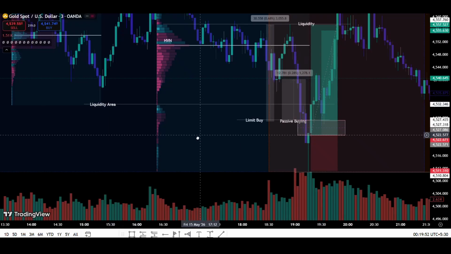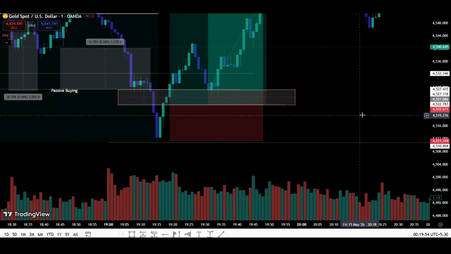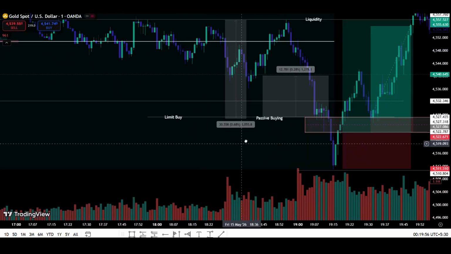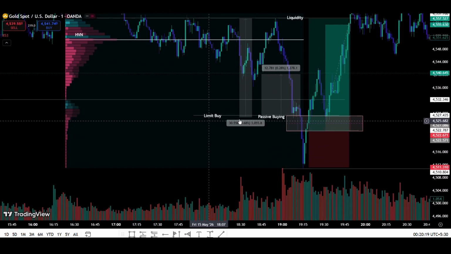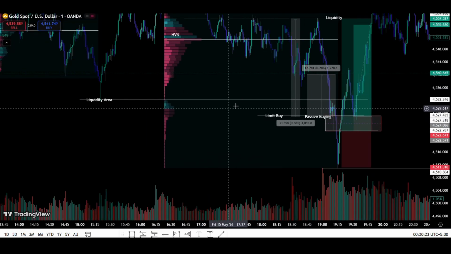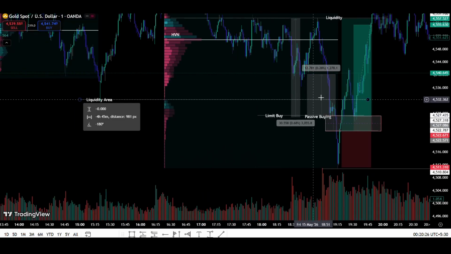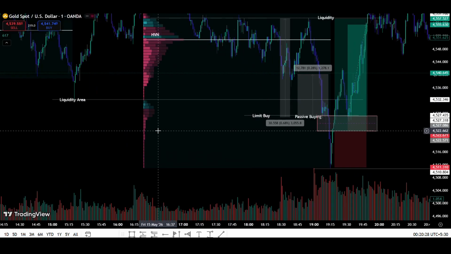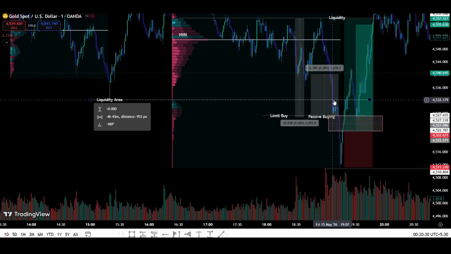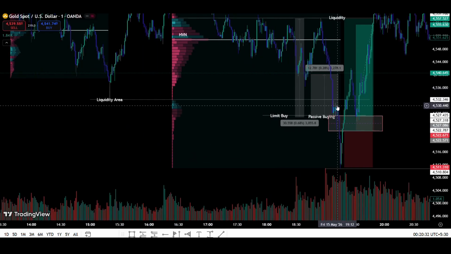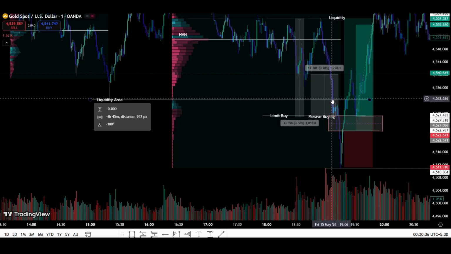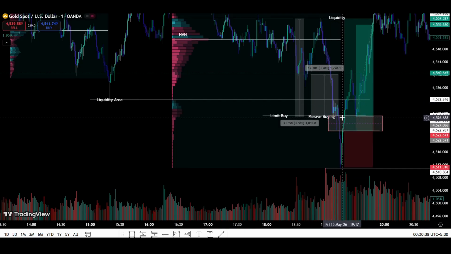And if you see in the 1 minute time frame, at the liquidity point the passive buyers, meaning the waiting buyers who placed limit orders at this area, are there, and the market pushed down, which means the market has taken all the passive buyers' stop orders.